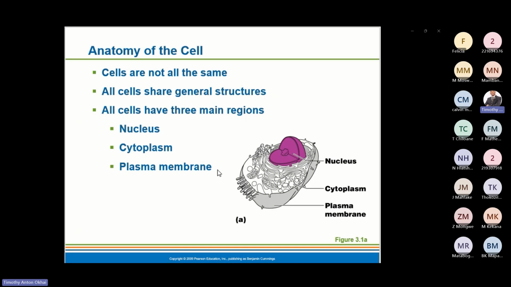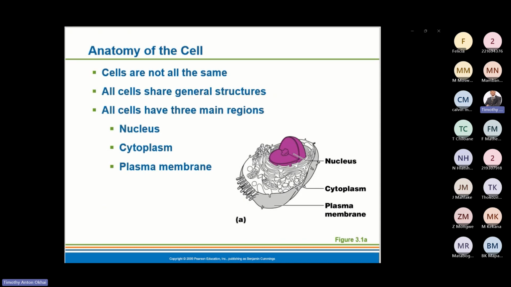First of all, you'll find that all cells have 3 main parts or regions. These parts are the cell nucleus, which is the inner portion enclosed by a nuclear envelope. So here is our nucleus, right in the middle, and around it, it's shielded or covered by a nuclear envelope. Secondly, we have the cytoplasm. All cells will have a cytoplasm, and that is the space between the nucleus and the cell membrane.